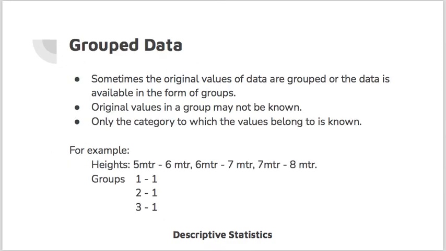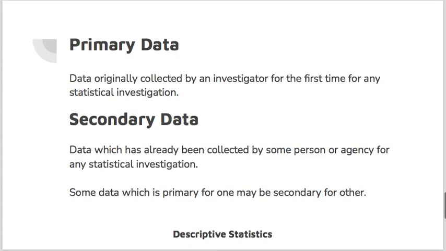One more point is how to group the data. For our own convenience, and based on the research question and the importance given to the variables, sometimes we can group the data. The different types of data are primary and secondary: data originally collected by the investigator is primary, and data from an agency or any statistical information from some other source is known as secondary data.